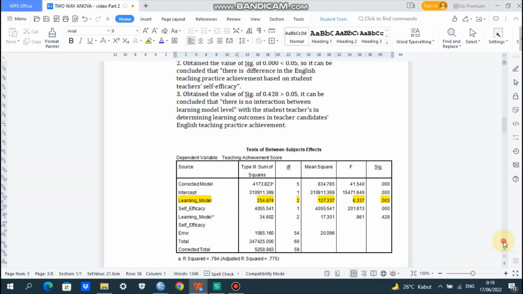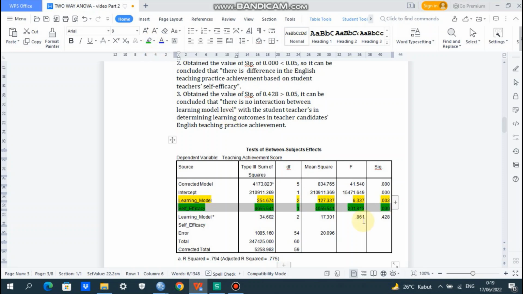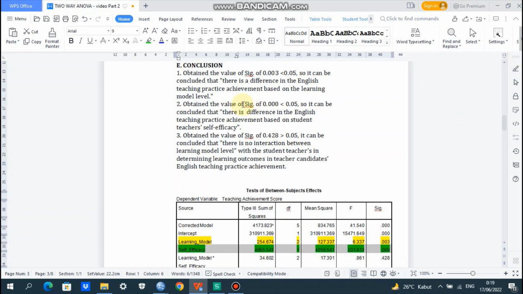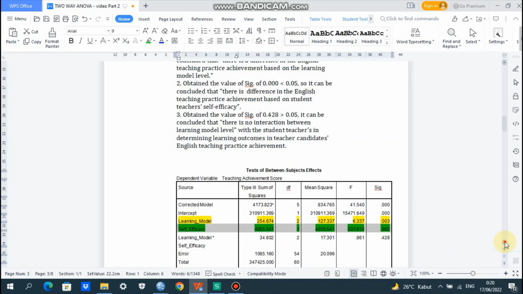And then the next we go to self-efficacy. Okay. From here, significance 0.00 for self-efficacy, yeah, here. So the obtained value of significance 0.00 is less than 0.05. So it can be concluded that there is significant value, yeah.